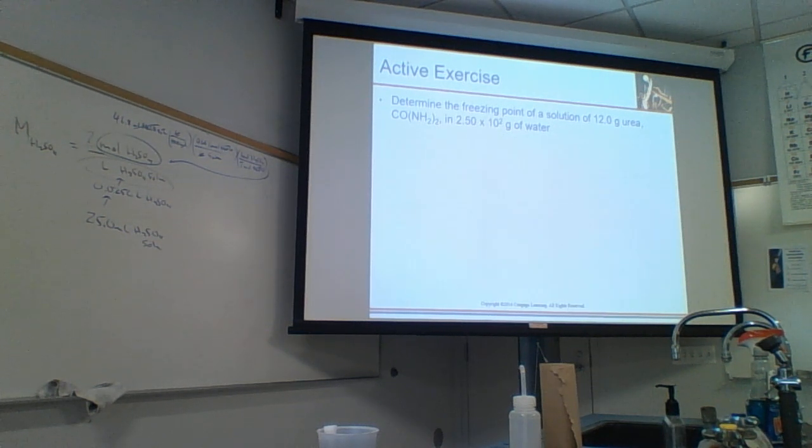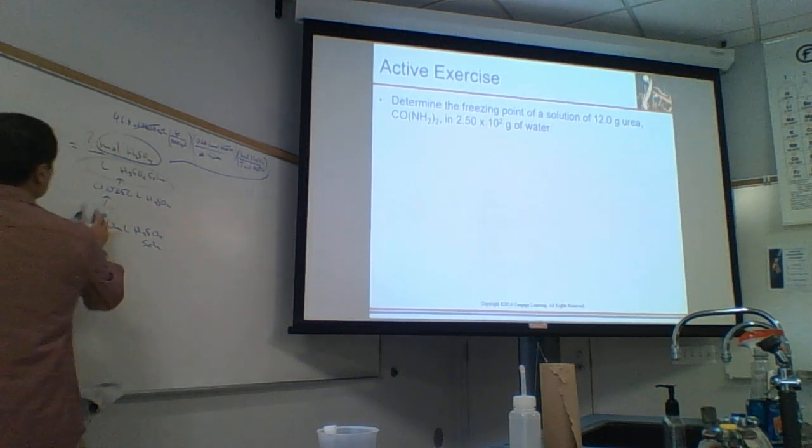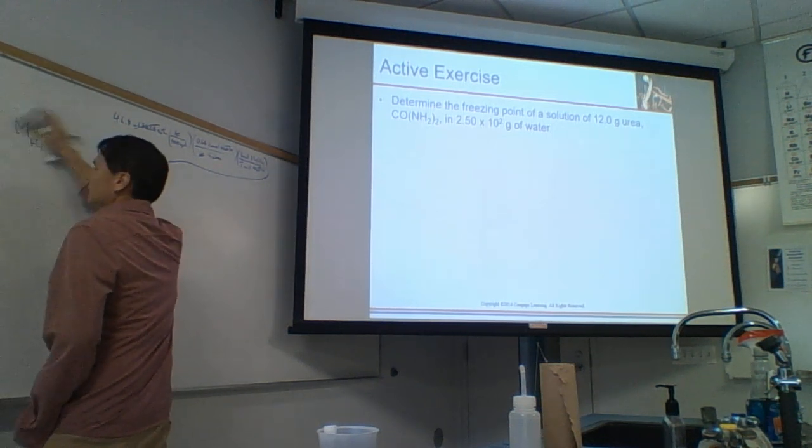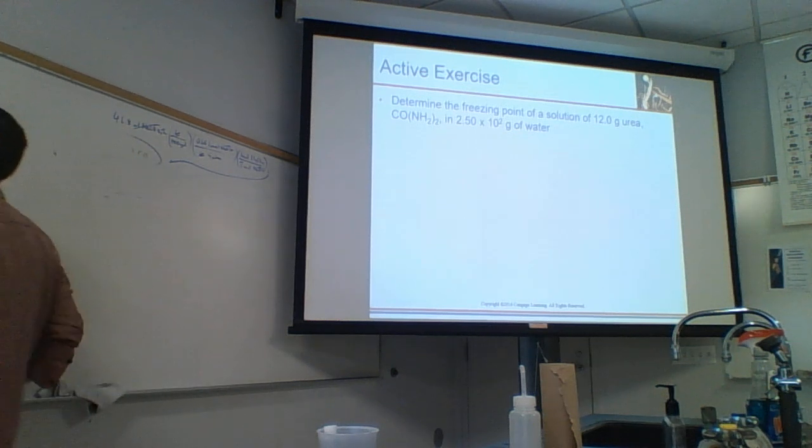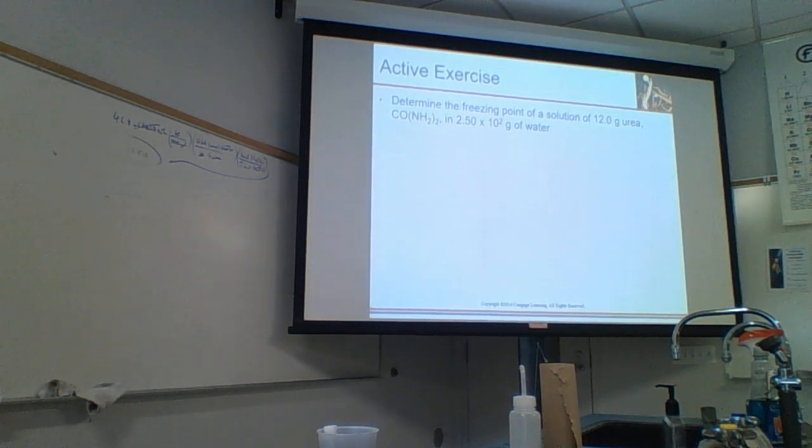How many kilograms of water do we have? We have 250 grams of water, so we have to do some changes to get the units we want. The first thing is we need the molar mass of urea. We can calculate that. The carbon is 12.01. Oxygen is 16.00.